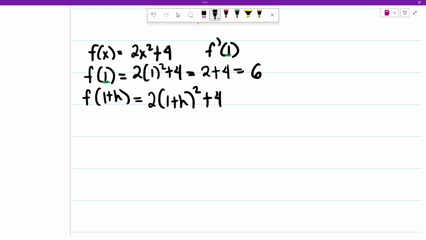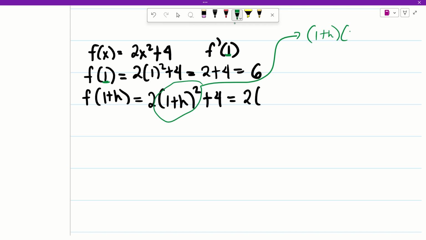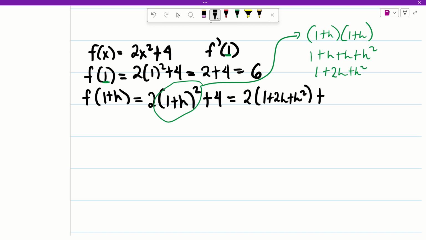We have to square it: 1 plus h times 1 plus h gives 1 plus 2h plus h squared. So we have 2 times (1 plus 2h plus h squared) plus 4.